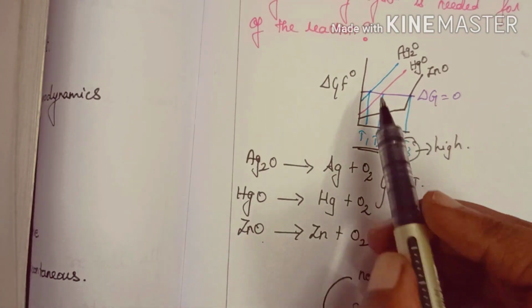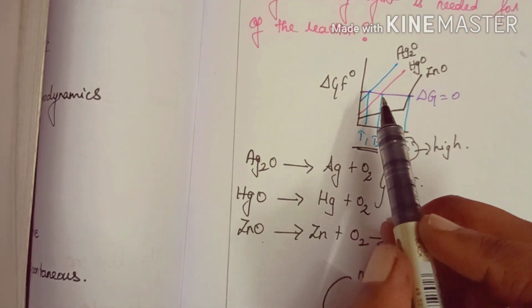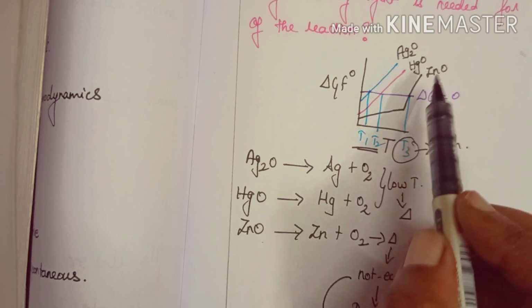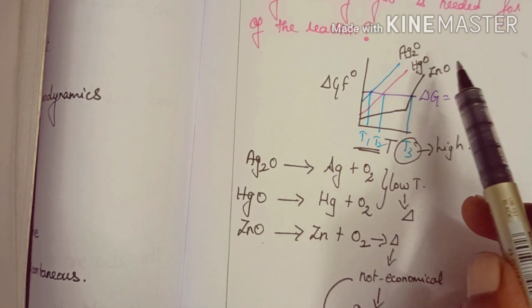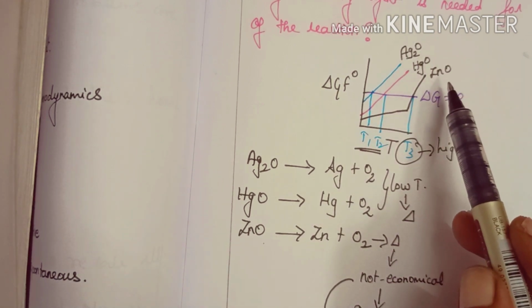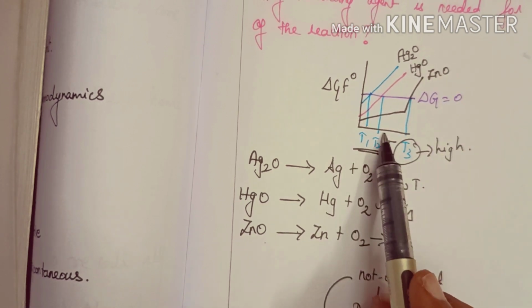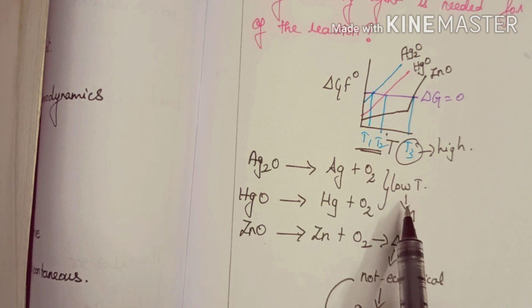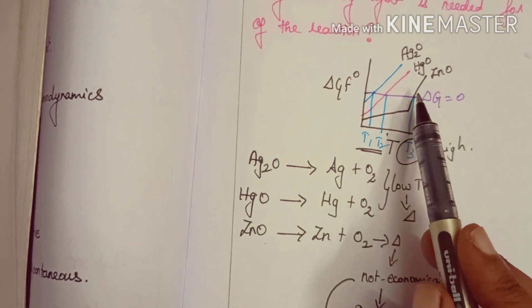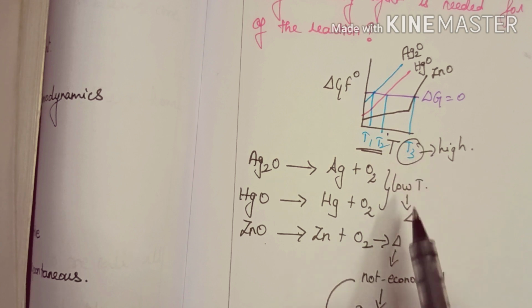Are you clear? So this is a plot. Here there is a plot for 3 oxides. One is Ag2O, the other is HgO and the last is ZnO. Here Ag2O and HgO decompose at lower temperature and hence can be decomposed on heating itself. But if I go for ZnO, the temperature here is high.